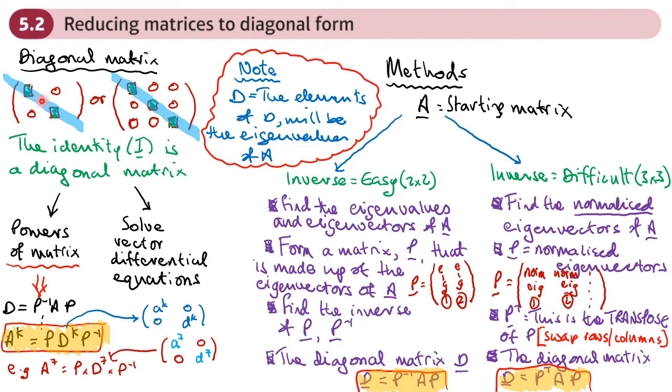These non-zero elements will be the eigenvalues of the matrix A, the matrix that we're starting with. Okay, let's get into some examples.